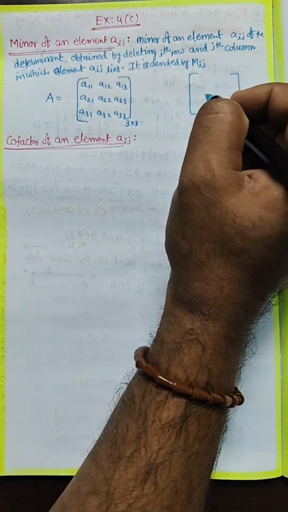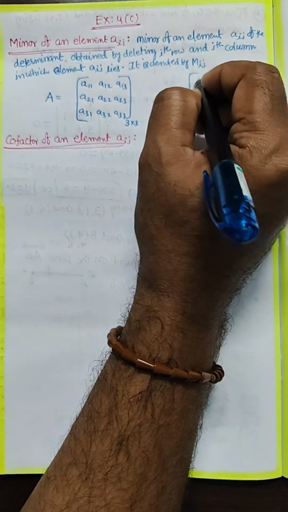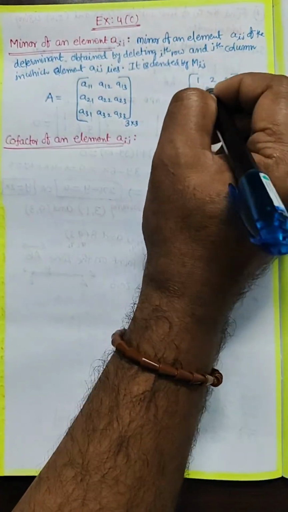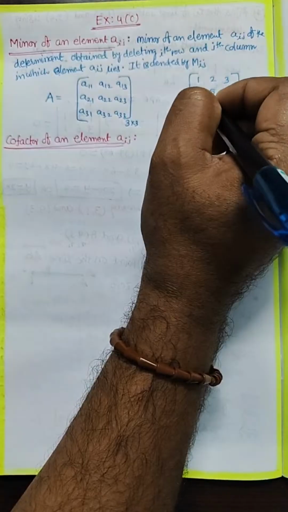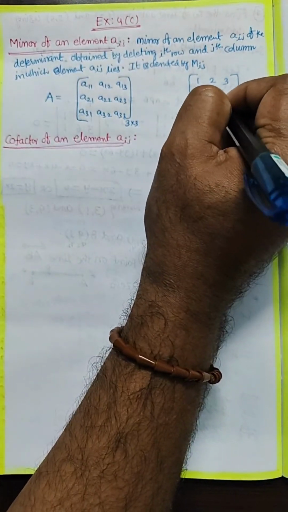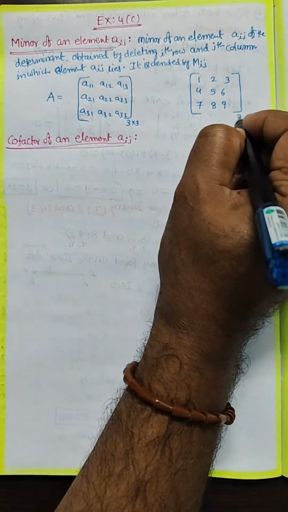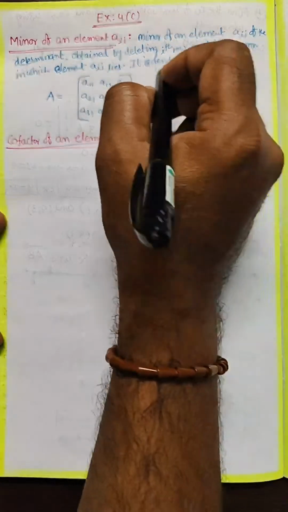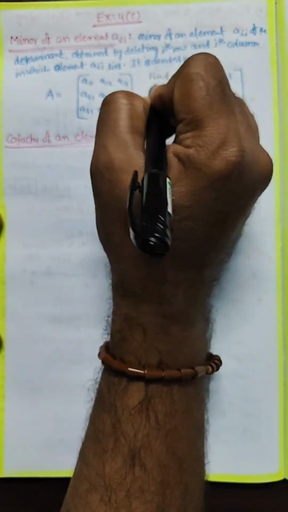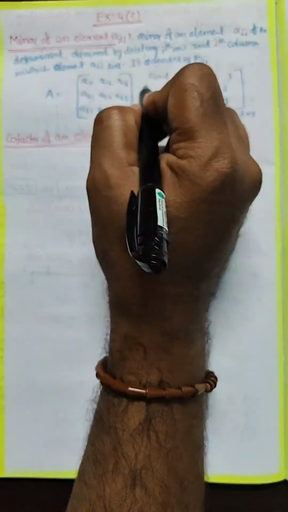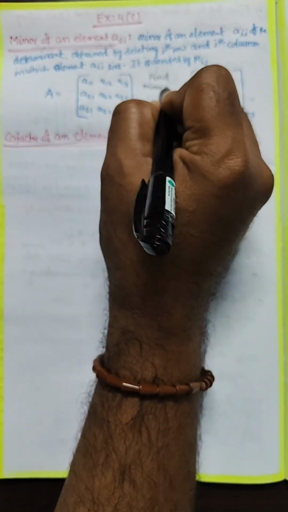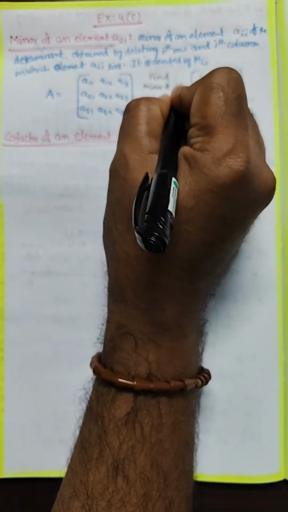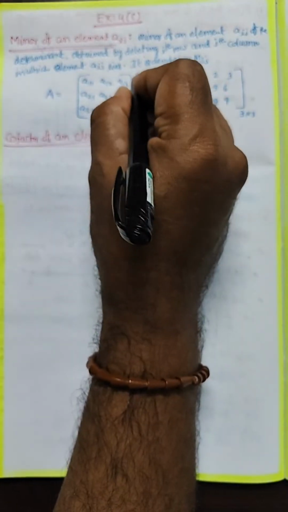Suppose for example, 1, 2, 3, 4, 5, 6, 7, 8, 9. So this is a 3 by 3 matrix. Find the minor of element 3.